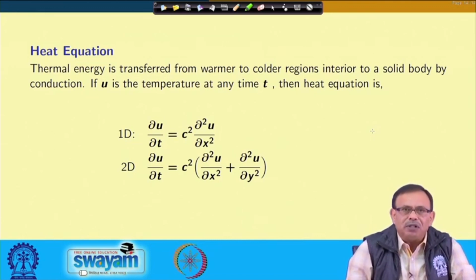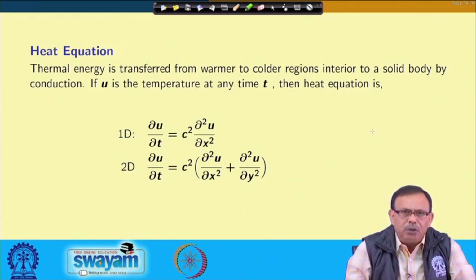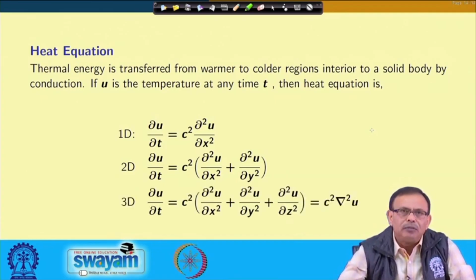So, please note this, the two dimensional heat equation is ∂u/∂t = c²(∂²u/∂x² + ∂²u/∂y²).